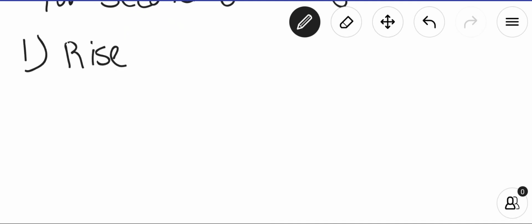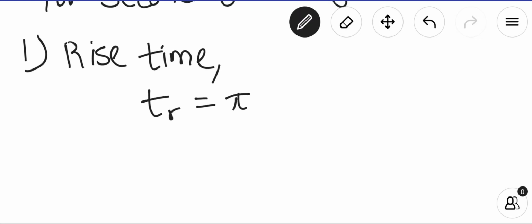The rise time is calculated with this formula: Tr for rise time is equal to pi minus beta divided by wd.